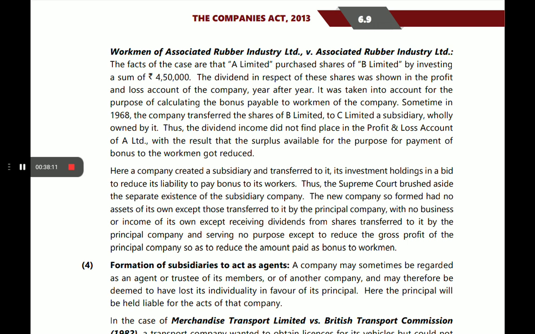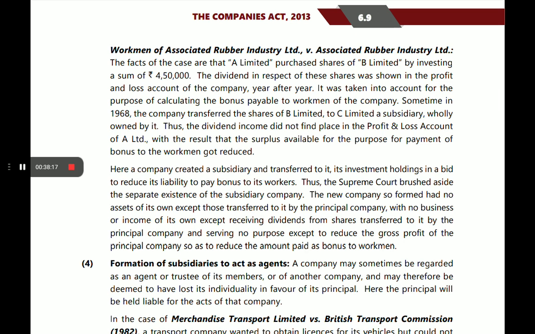Year after year, it was taken into account for the purpose of calculating the bonus payable to workmen of the company. Sometime in 1968, the company transferred the shares of B Limited to C Limited, a subsidiary wholly owned by it.